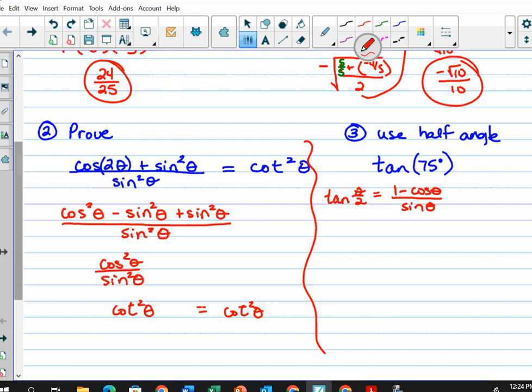All right, so this 75 degrees, that is your theta over 2. So what will theta be? 150, okay? That's what you are plugging into this formula.